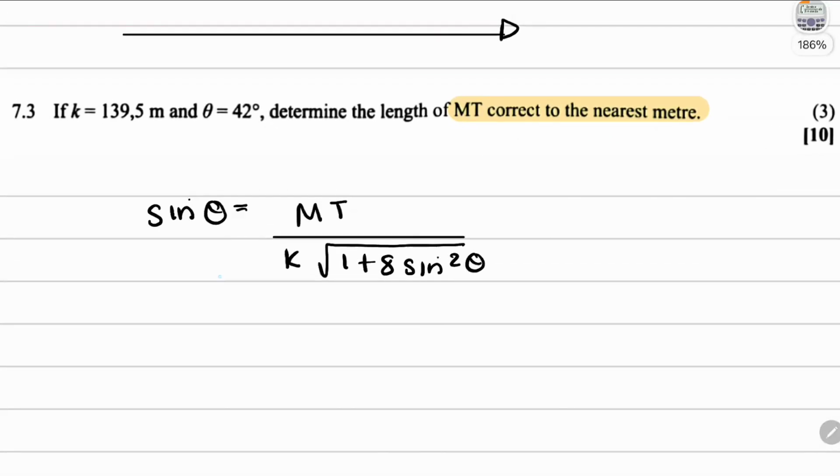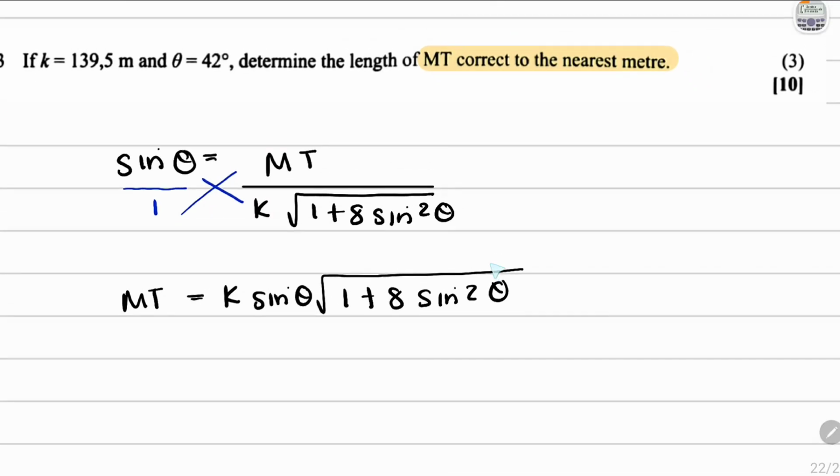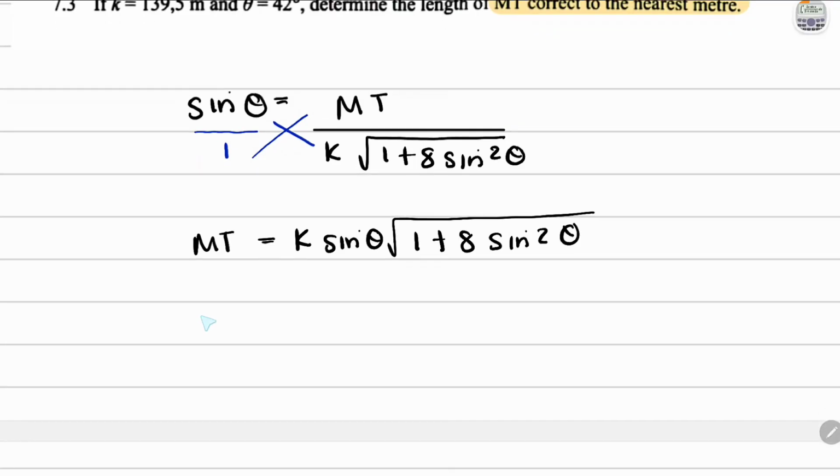Okay, to make MT the subject, we can just cross multiply. So here the denominator we have is 1. 1 times MT stays MT, and then sine theta times all of that. I'll just leave the K in front. So it's K sine theta square root 1 plus 8 sine squared theta. So that's what happens because this is under the square root. It can't multiply with that one. Okay, so this is what we have, and we're just going to substitute.